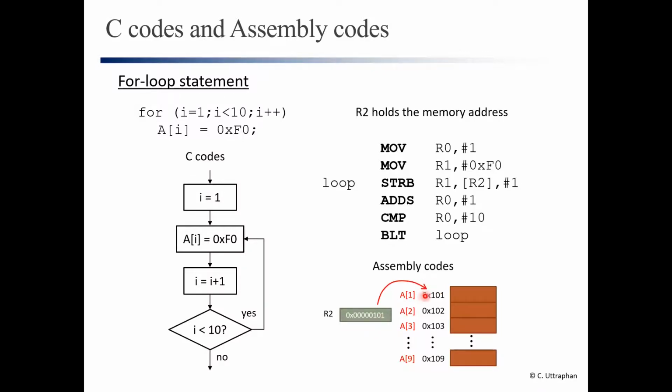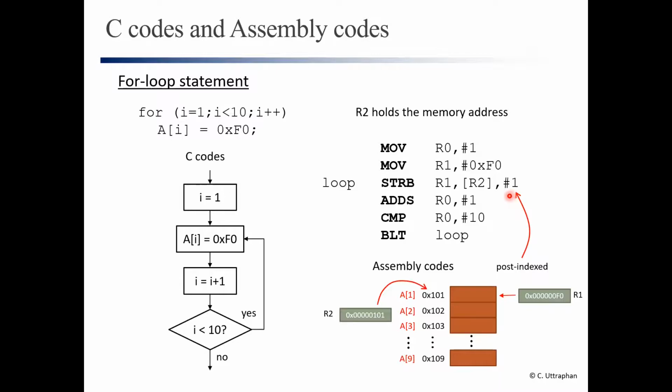Now, let's say the hex F0 is in R1, therefore, we can use store with post-indexed addressing mode like this. This means we move hex F0 from R1 to the memory address pointed by R2, where the initial value is hex 101. The first F0 will go to address hex 101, or A1 in our case, then update the value in R2 to hex 102, because the index is 1.